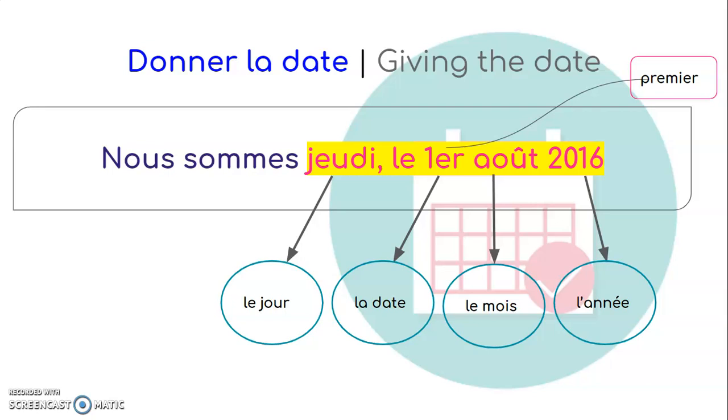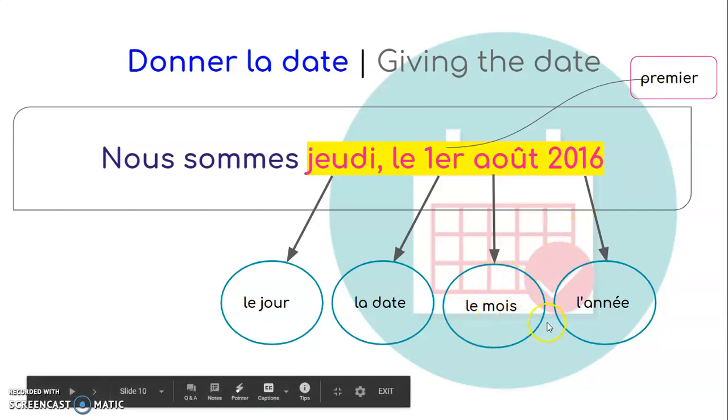So instead of saying, as before, the 13 November, they wouldn't say the 1 August, they would say the 1st August, le 1er août. So whenever it's the first of the month, always remember, instead of saying le 1, you would say le premier. Donc, nous sommes jeudi le 1er août.